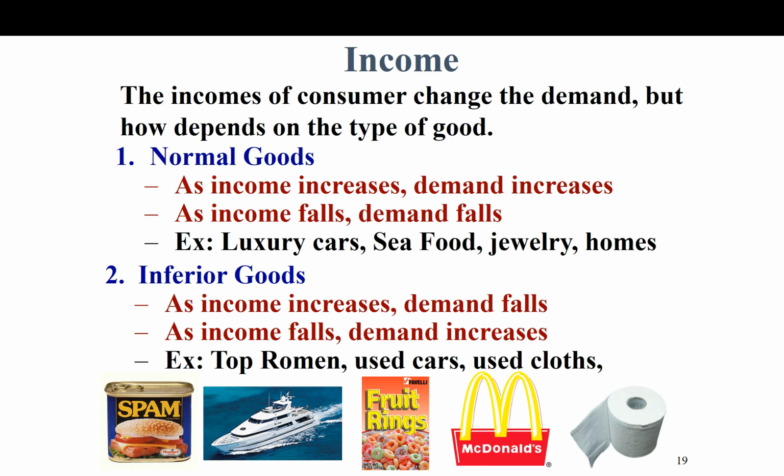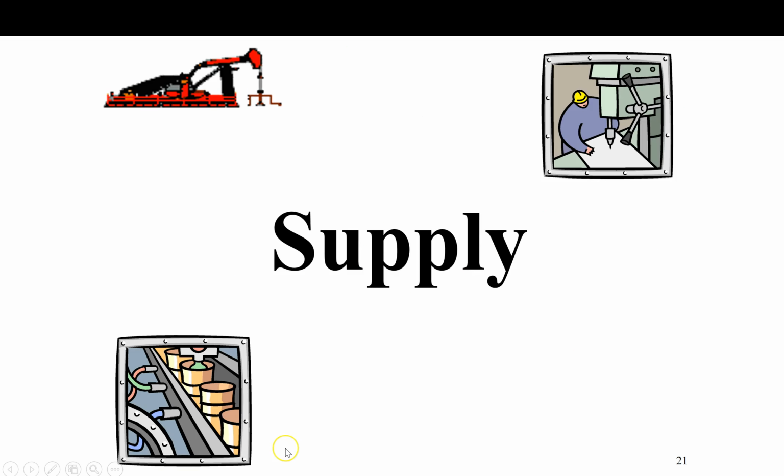So perhaps ramen or non-brand cereals or cheap fast food, or perhaps the cheapest of toilet papers. All of those would be inferior goods. And as your income increases, the demand for those goods will fall. And at the same time, we could see it the other direction. We could say as your income falls, you might be more likely to buy these inferior goods.